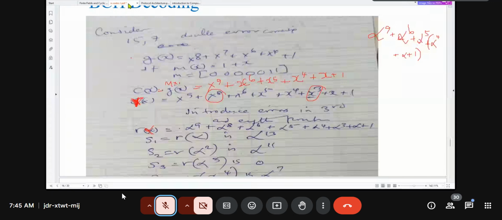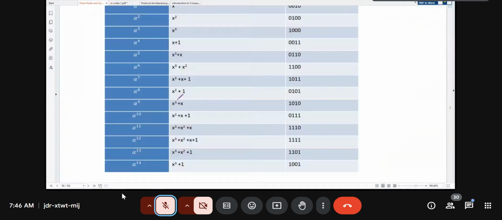Now we need to go back to the table and find what is alpha to the 9 from this table. I hope I'm not losing you. From this table, what is alpha to the 9? Alpha to the 9 is just alpha to the power of 3 plus alpha.